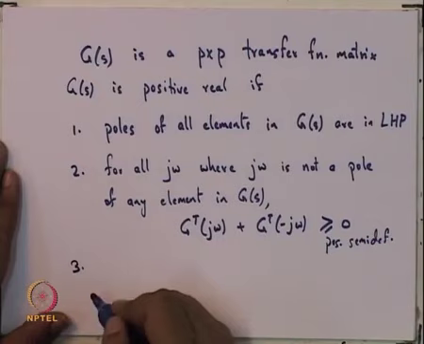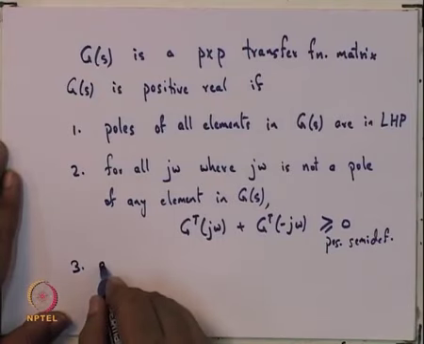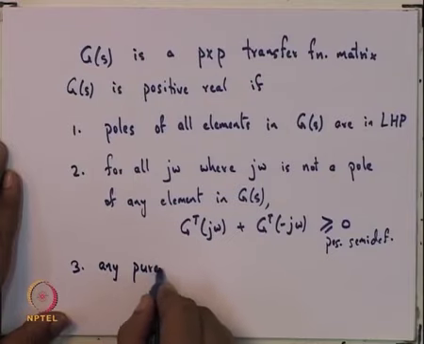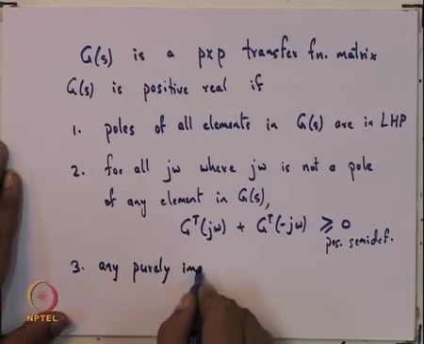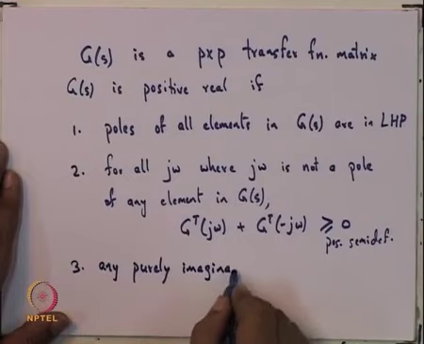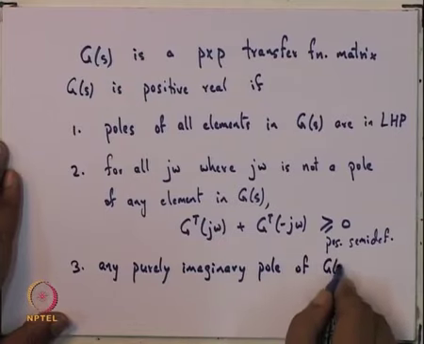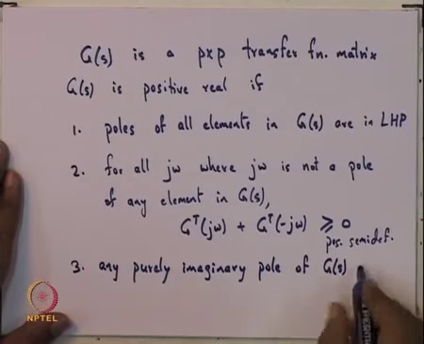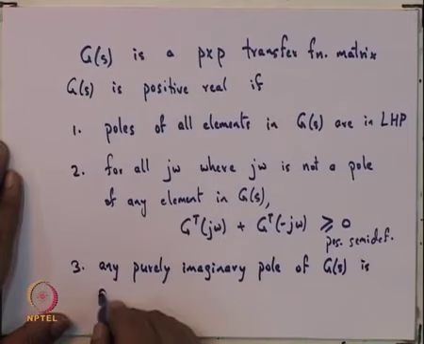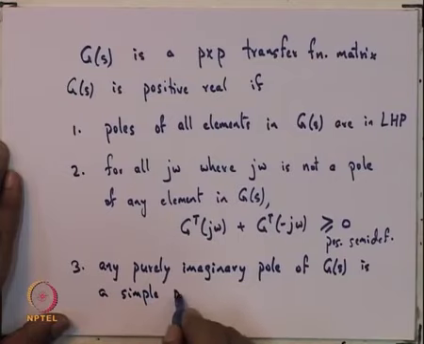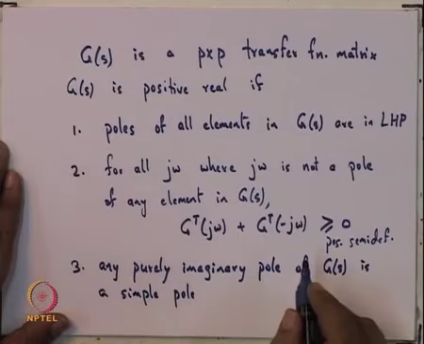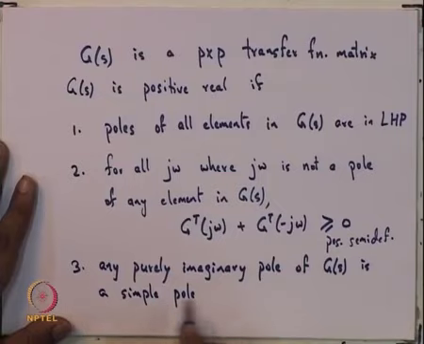The third condition is that any purely imaginary pole of G of s is a simple pole. Okay, is a simple pole.